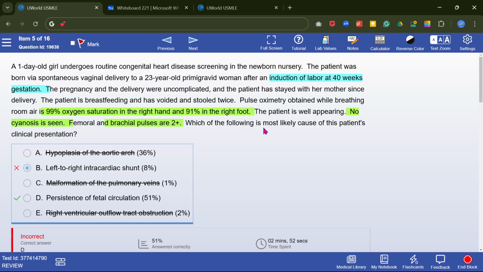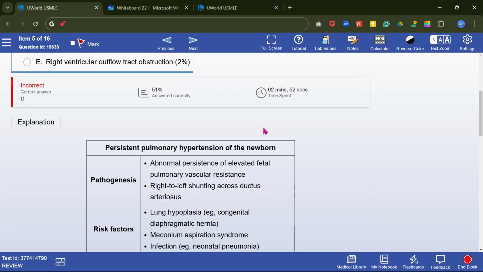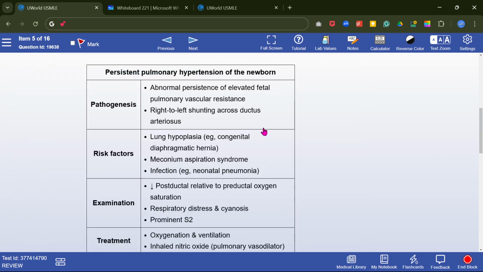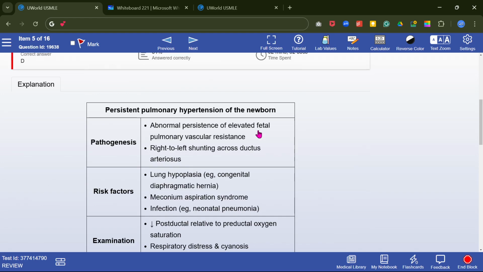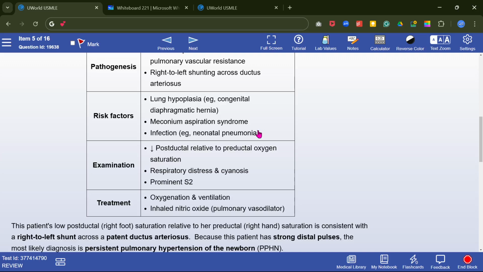In this condition, you need to think of persistence of the fetal circulation. It may be a transposition or persistent pulmonary hypertension of the newborn. So it is persistent pulmonary hypertension of the newborn.